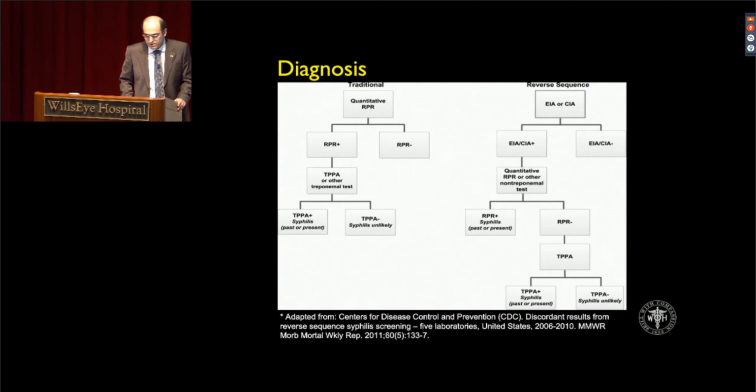But nowadays, CDC recommends a reverse sequence testing, which starts with EIA or CIA, which are treponemal tests, and if those tests come positive, quantitative RPR or other non-treponemal tests are obtained. And if RPR comes positive, the diagnosis of syphilis is confirmed, but in case RPR comes negative, another treponemal test like TPPA will be obtained from the patient. And if the second treponemal test comes positive, the diagnosis is confirmed.